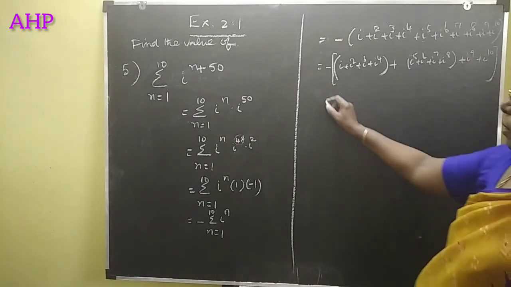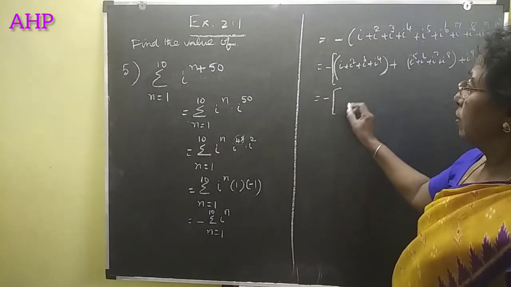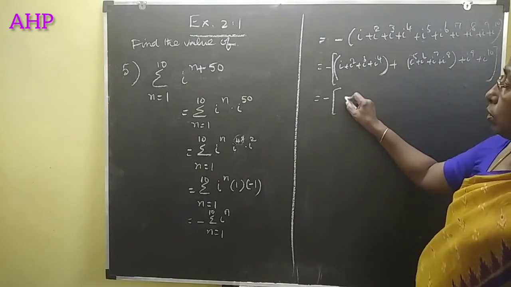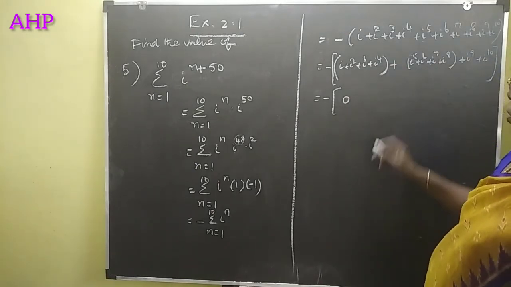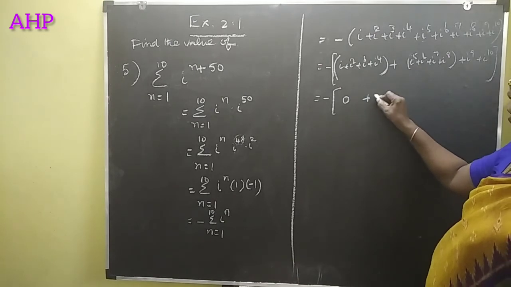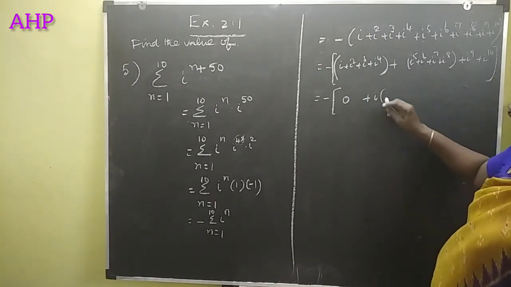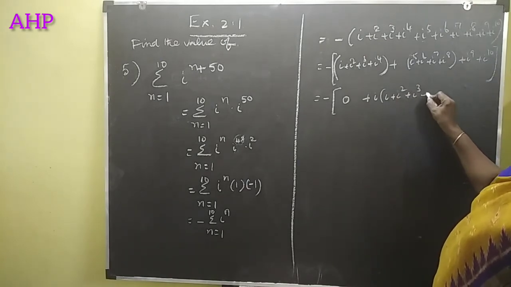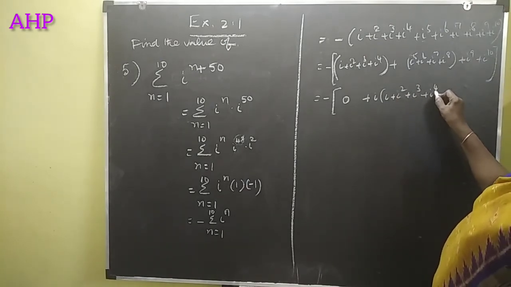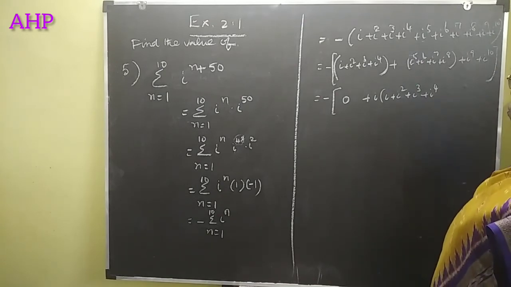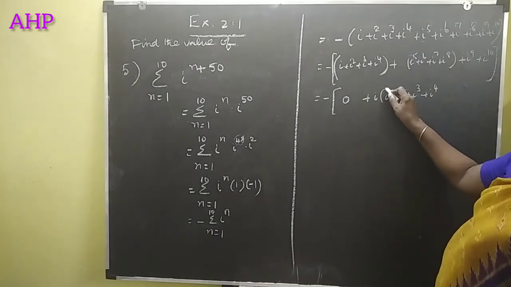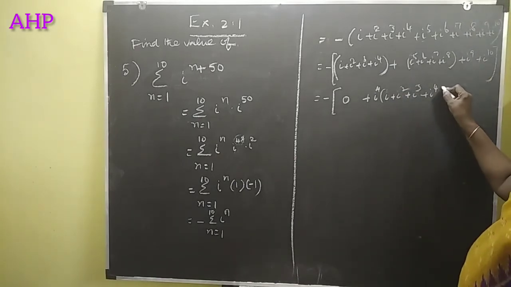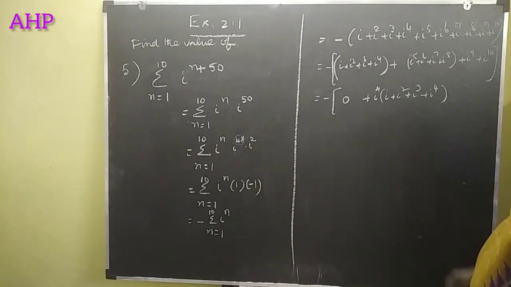This can be rewritten as minus, see, i plus i square plus i cube plus i power 4 is 0. Okay, so this can be written as plus i into i plus i square plus i cube plus i power 4. Sorry, i power 4 into i plus i square plus i cube plus i power 4.